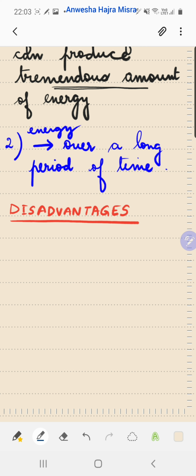The nuclear radiations are highly energetic and highly penetrating. They cause ionization and are very harmful. So, number 1, not a clean source. It is not at all a clean source of energy. Very, very harmful.